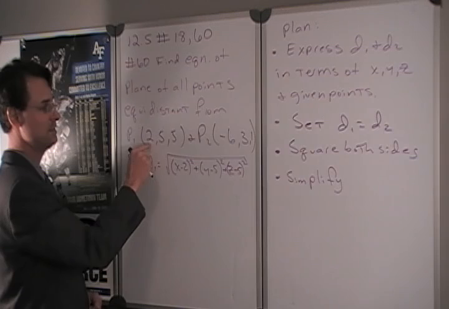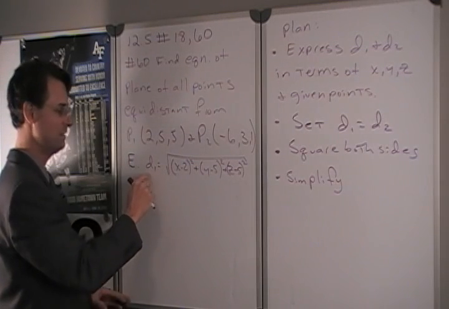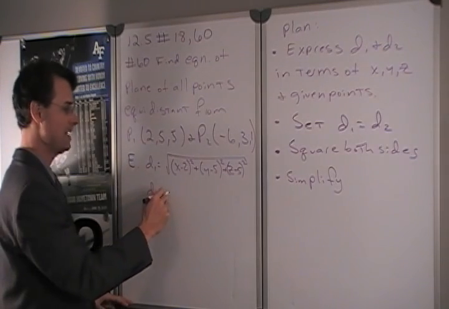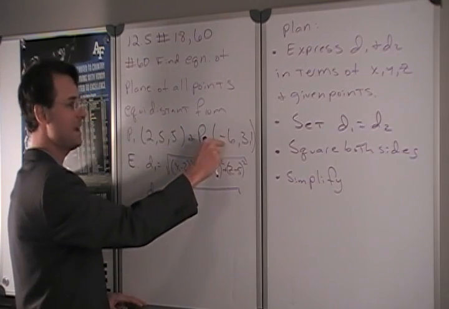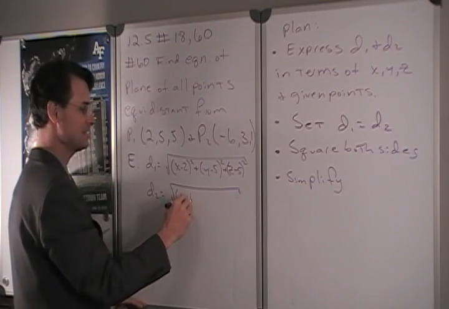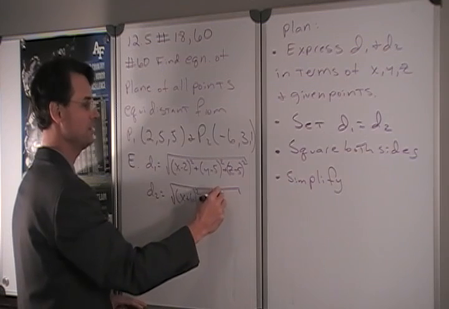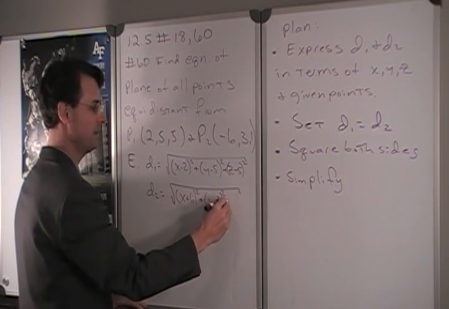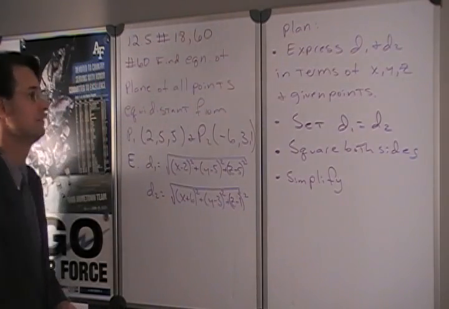In other words, this is the x-coordinate, the y-coordinate, and the z-coordinate, so this is d1. d2 is analogous. The square root of (x plus 6) squared, since x minus negative 6 is x plus 6, plus (y minus 3) squared plus (z minus 1) squared.